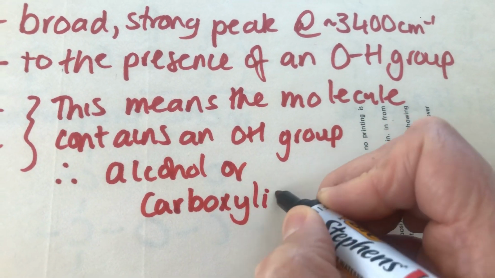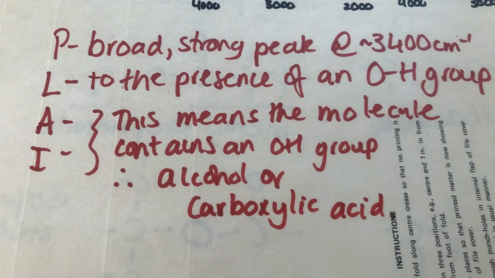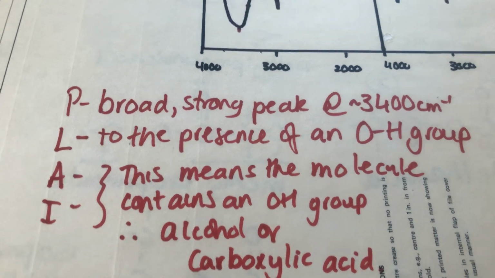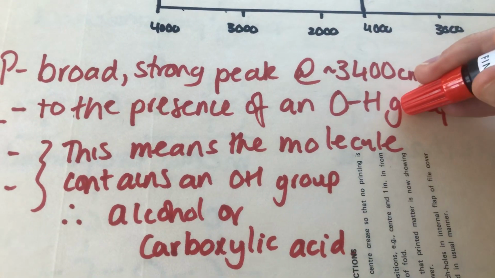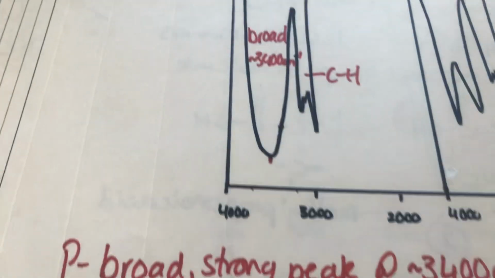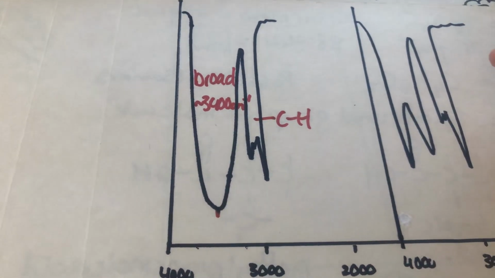You can see straight away you need to know your functional groups. Okay, we can't do the T yet because we haven't got any more information. But peak, linked to a group, analyse and interpret, what does this mean? Okay, so big broad peak up the top, OH, first thing to look for.